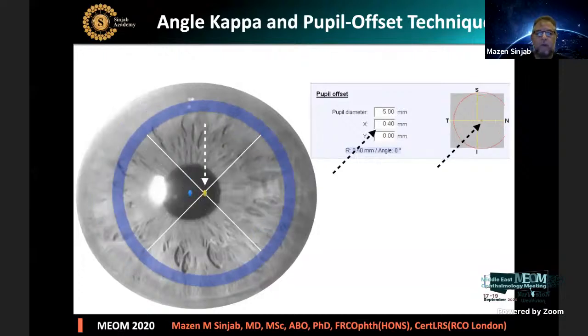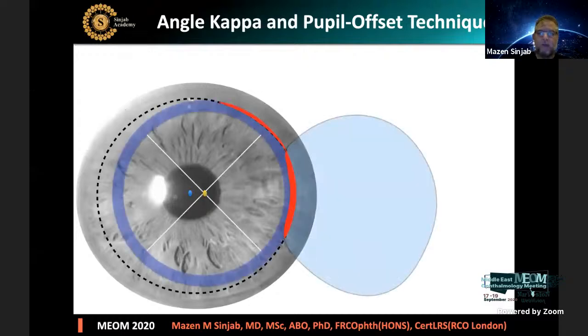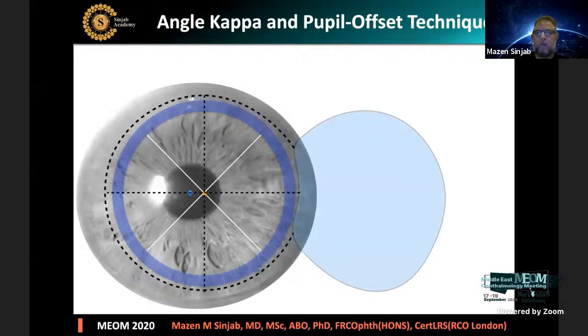Because if we want to create the flap, usually we apply the section, whether it is by the microkeratome or by the femtosecond, symmetrically according to the limbus, but this is wrong if we are doing the recentration of the laser profile. Because if we cut the flap in the usual manner, then there will be ablation on the hinge and ablation out of the bed, which will induce irregular astigmatism and will induce epithelial ingrowth in the future. So this is why we need to recenter the flap.